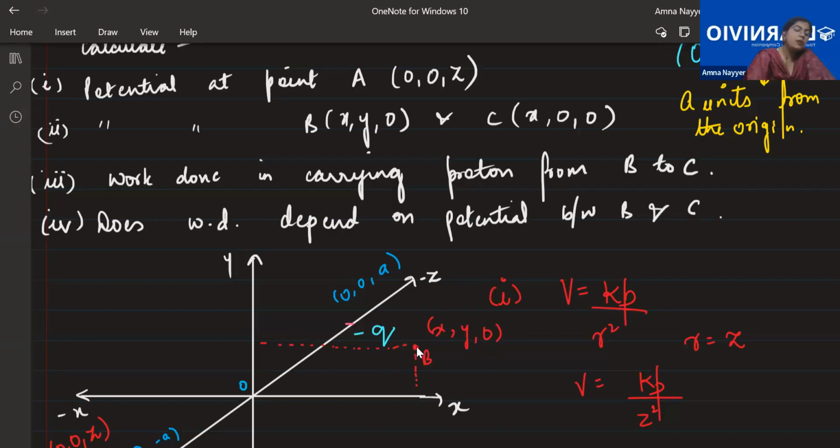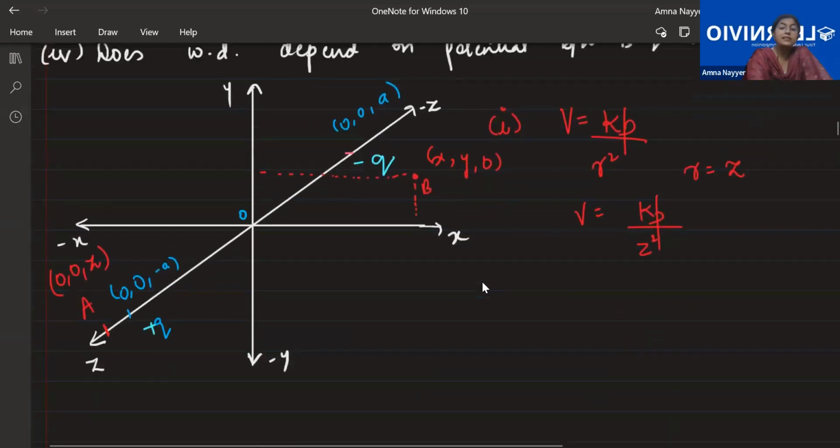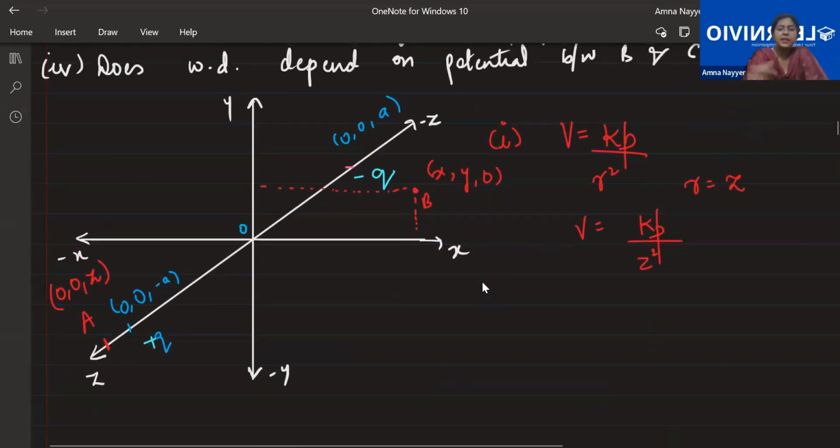So class, what should be the answer for B point? XY plane and Z-axis. Think of it like this: this is the XY plane, and the Z-axis is like this, right?